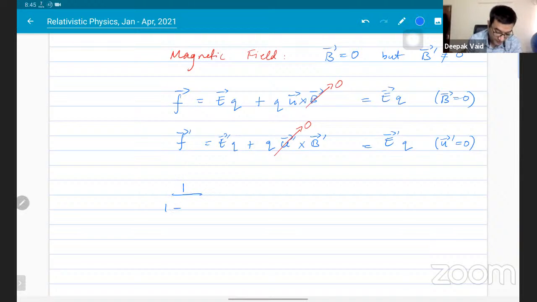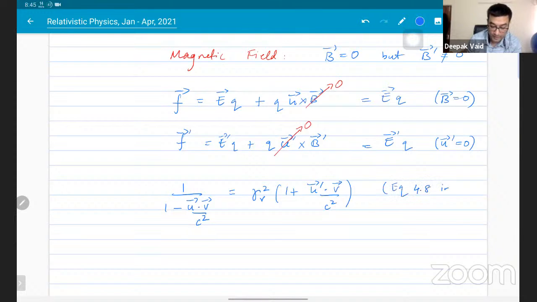So let me give you that identity. This quantity can be written as gamma V squared times 1 plus U prime dot V by C squared. This is equation 4.8 in Steane.